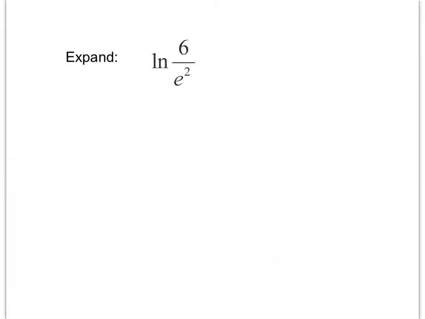Okay, this next one, we're going to use our quotient property. I'm taking the ln, the natural log, of a quotient. So we're going to rewrite this as ln 6 minus ln e squared. There's nothing I can do with the ln 6. But now the ln e squared, I can use my power property of logs and bring this 2 down in front.